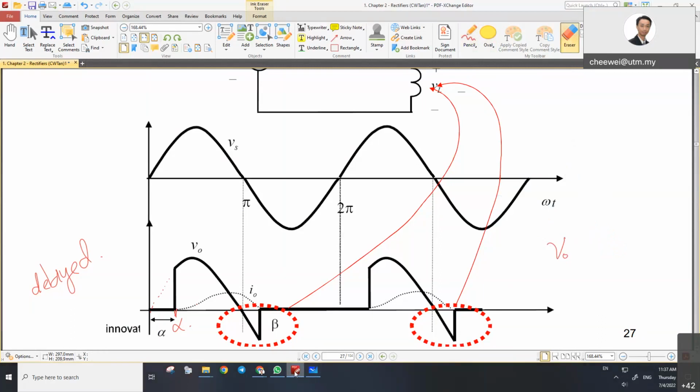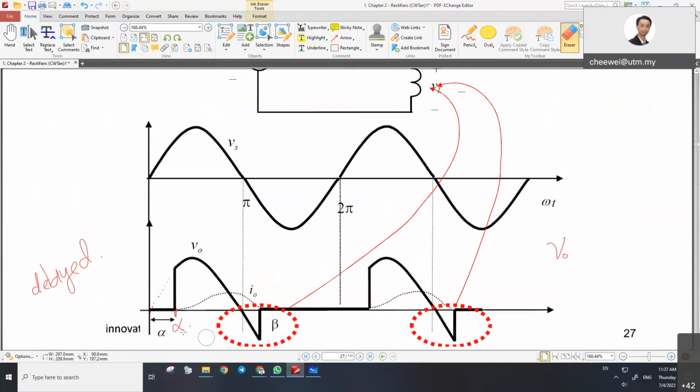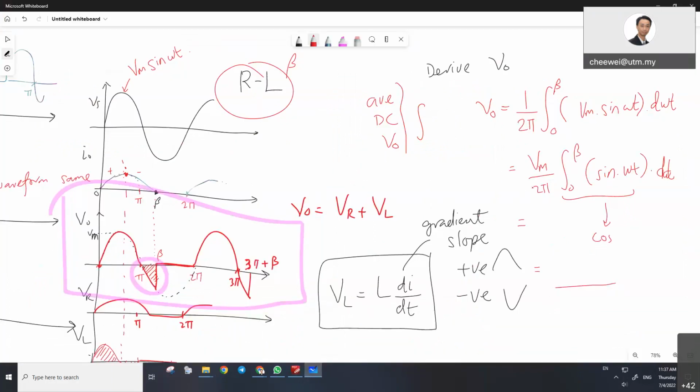Any idea? Is it still the same process like this one? You're starting from 1 over 2 pi, integrating it. Instead of starting from 0, what happened? We have to start from alpha. So you have to substitute this starting point 0 into alpha and then end at beta.